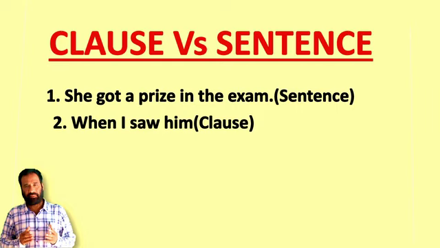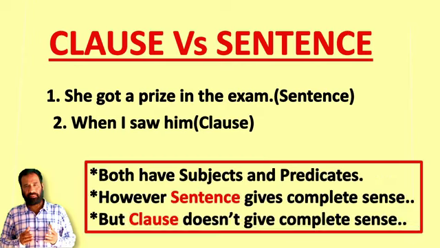This also has a subject and a predicate, but it doesn't give complete sense. It's an incomplete expression. Something is required to give complete sense. This is called a clause. In brief, a sentence has a subject and predicate and gives full sense. A clause also has a subject and predicate, but it doesn't give complete sense.